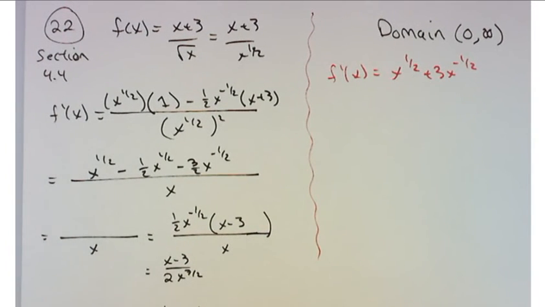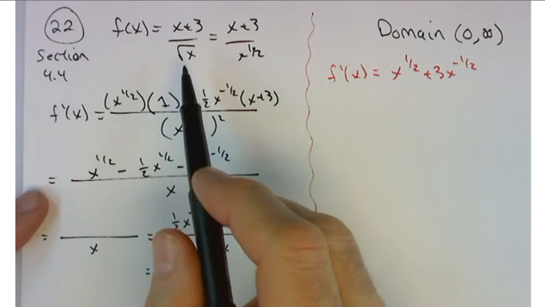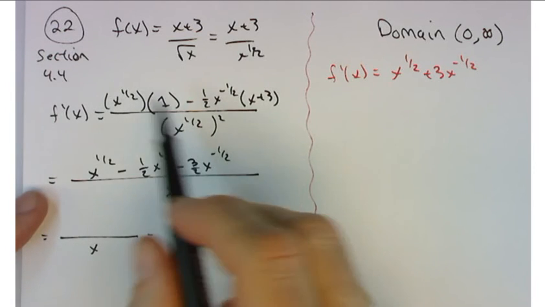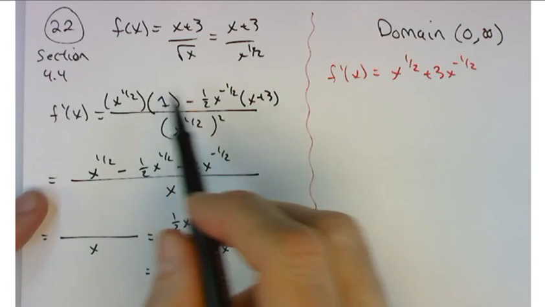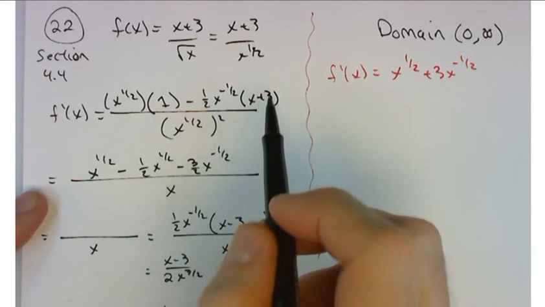Now there's two ways you can approach trying to find the derivative here. And let me discuss them both. The first is to use the quotient rule. So here's the quotient rule. Square the denominator times the derivative of the numerator, minus the derivative of the denominator times the numerator.